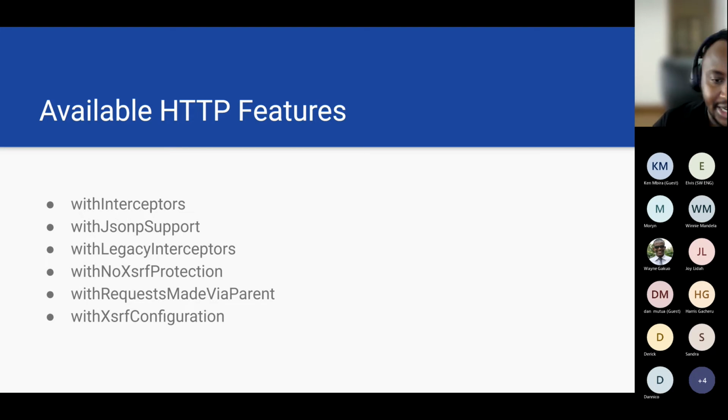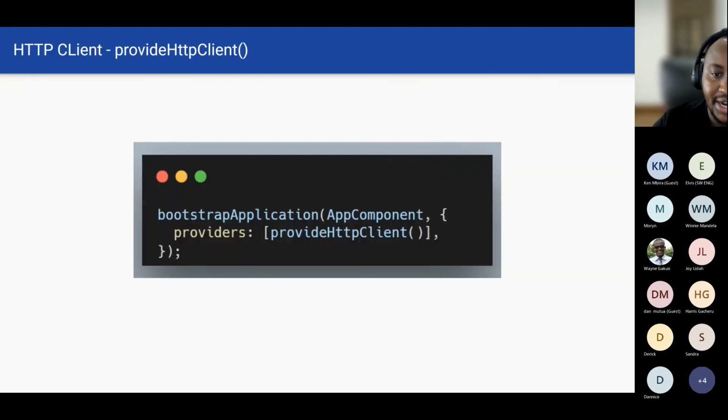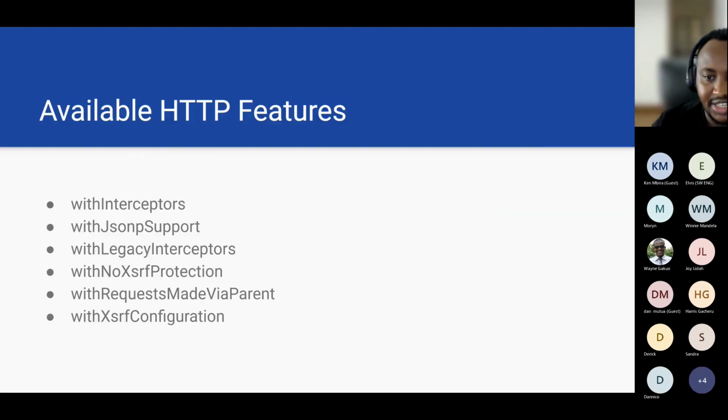Just like the provideRouter one, this also takes a series of them, so you can say provideHttpClient, then with the interceptors, pass in your interceptor, and so on. If you had multiple HTTP interceptors, you can do that with this one as well.